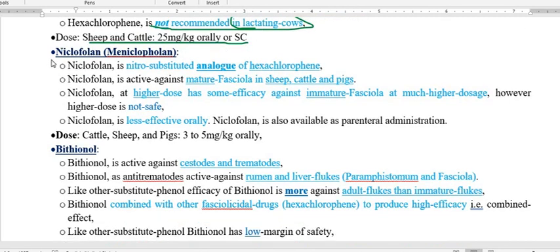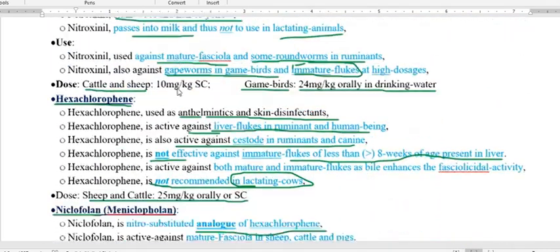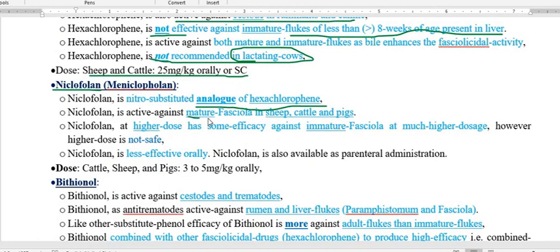The next drug is nicolofolone. Nicolofolone is an analog of hexachlorophene. Similar to hexachlorophene and nitroxynil, it acts against mature Fasciola in sheep, cattle, and pigs. As mentioned for nitroxynil, at higher dose it may show efficacy against immature Fasciola, but we should be cautious about the higher dose because of its safety.